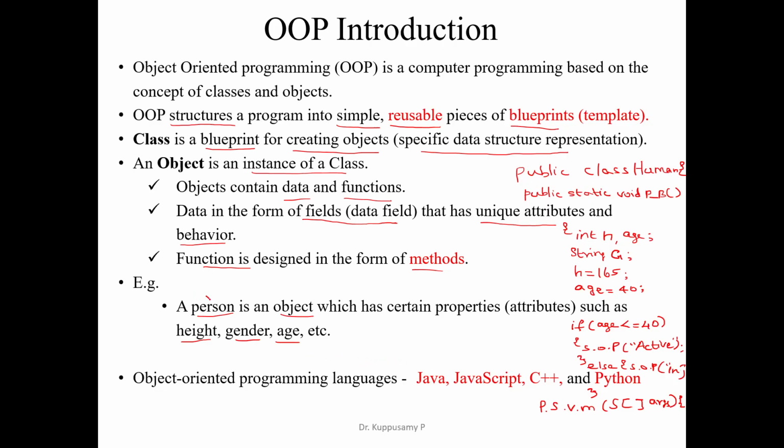The object here is person. What is the class name? The class name here is Human. I use the class name Human, so I am defining the object for the class Human.